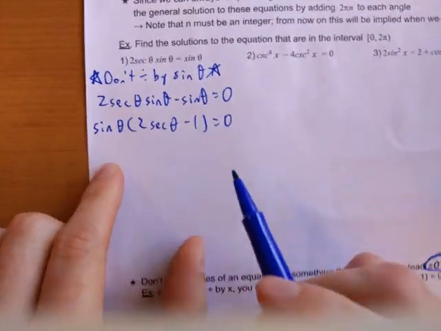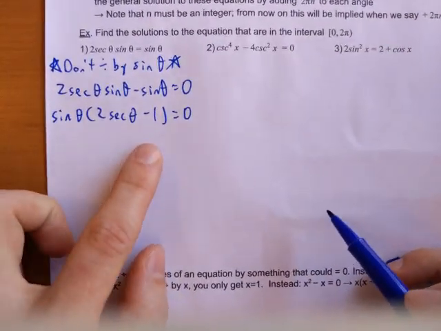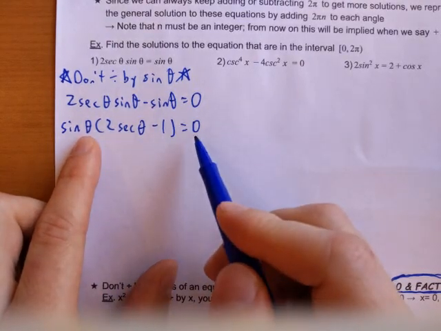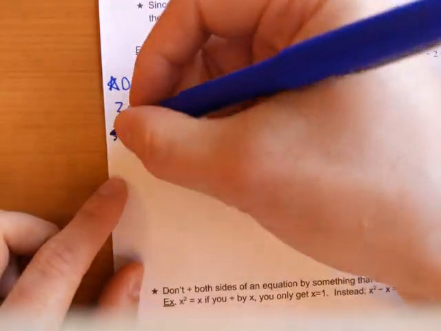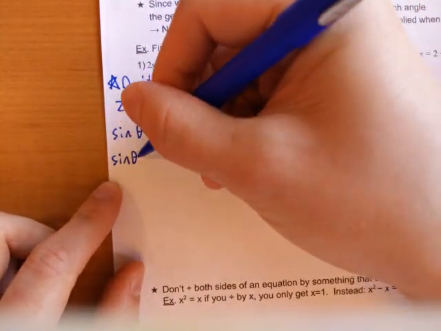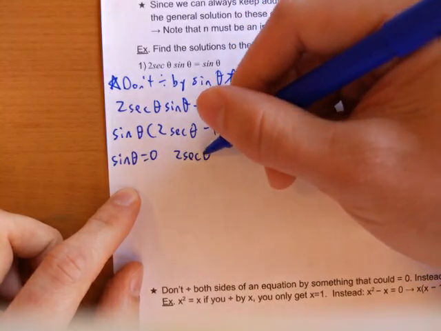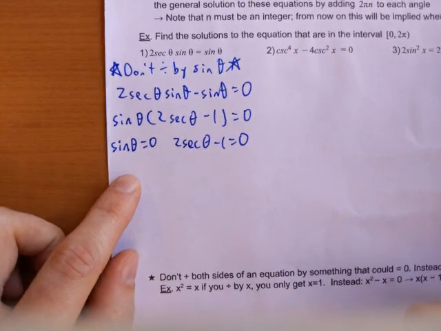And then the reason why setting equal to 0 and factoring is so powerful is because then we can use the zero product property. We've got a multiplication problem that equals 0, a product that equals 0. So zero product property says that one part has to be 0. Either sine of theta equals 0 or 2 secant theta minus 1 equals 0.